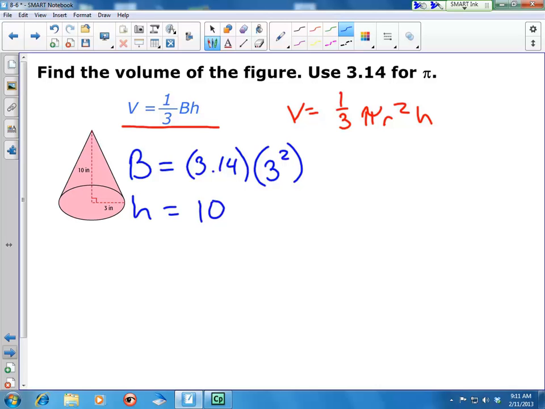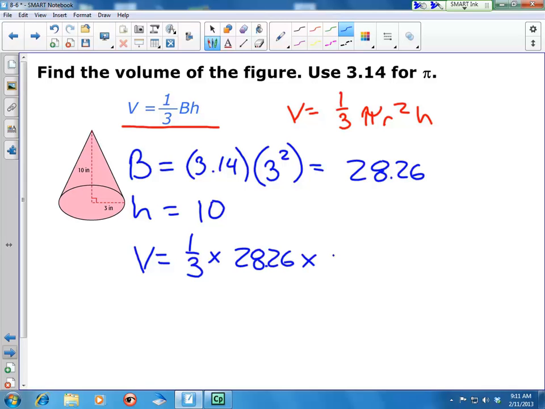So let's go ahead and solve for my big B right here. What is 3.14 times 9? 28.26? Okay, so we have 28.26. That's my big B. So for my volume, we're going to have 1/3 times 28.26 times our height, which is 10.